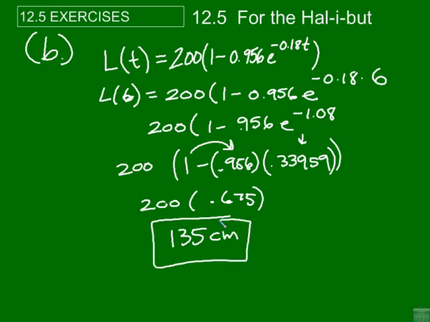Okay? And again, if there are 30 centimeters in a foot, 135 centimeters is roughly 4 times 30. So in 6 years, this halibut's going to be over 4 feet long.